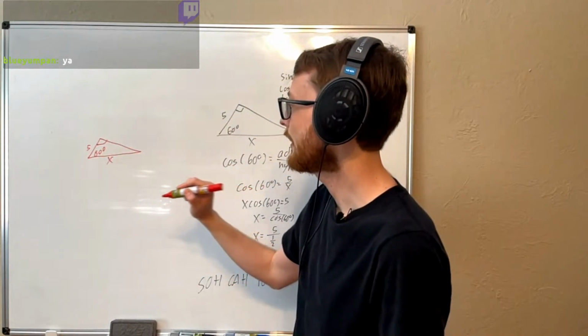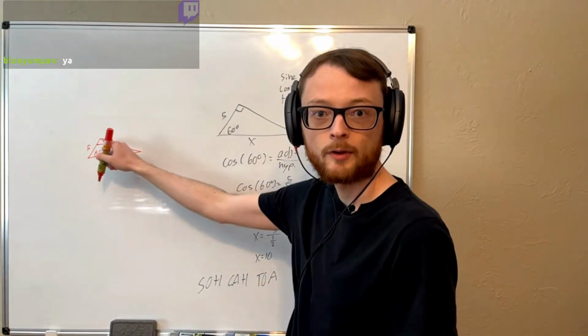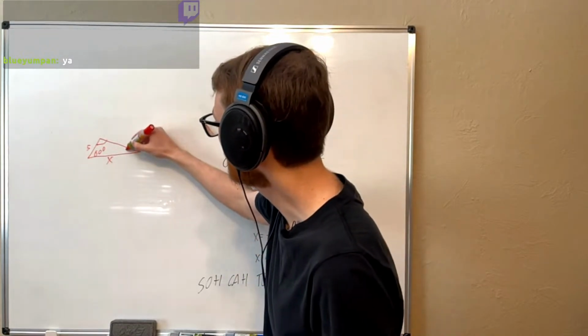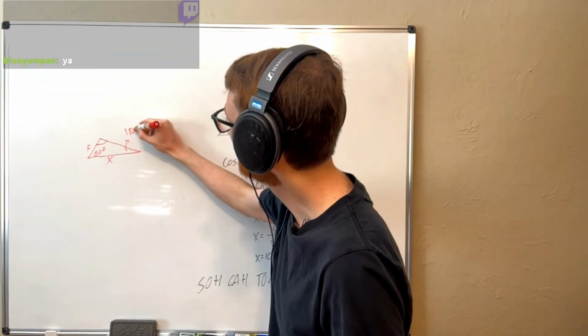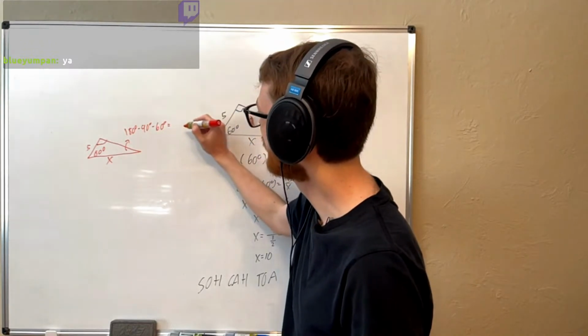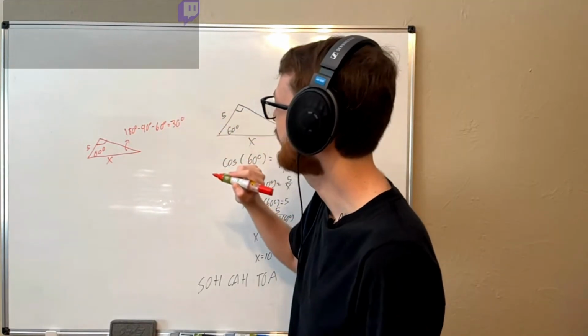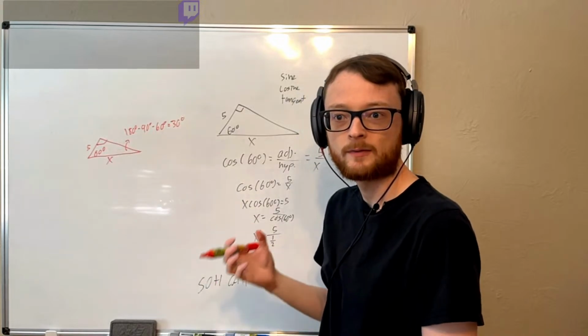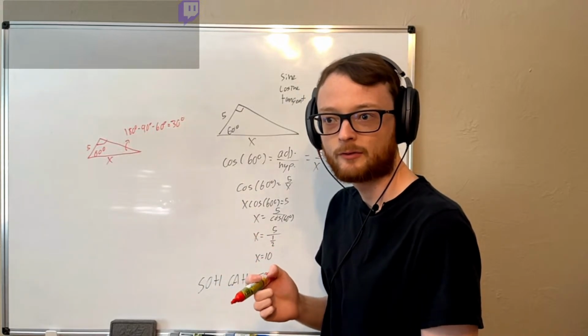Basically, that's 90 degrees, that's 60 degrees. So we can get this third angle by doing 180 degrees minus 90 degrees minus 60 degrees equals 30. And so that means that this triangle here is a 30, 60, 90 triangle, and they have special properties.